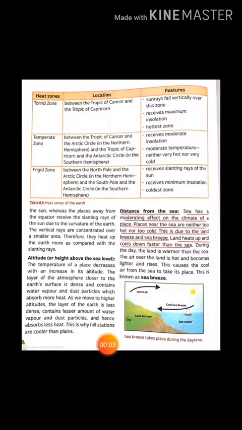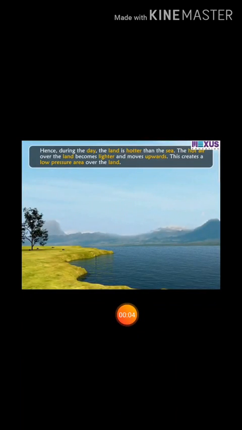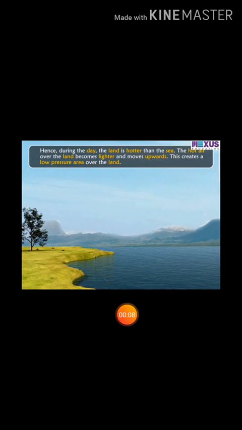Distance from the sea. Students, the sea has a moderate effect on the climate. So, the places near the sea are neither too hot nor too cold because of land and sea breeze. The land heats up and cools down faster than the sea. Hence, during the day, the land is hotter than the sea.